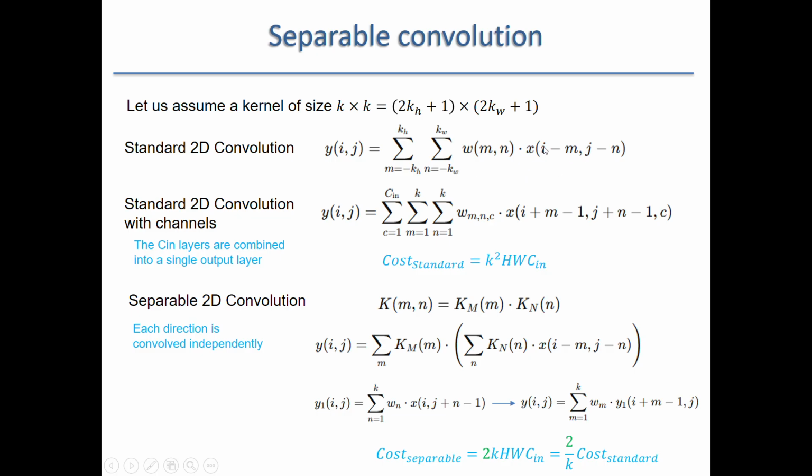So it is a weighted average of the neighborhood of the pixel ij, and this neighborhood is defined between minus kh and plus kh, and minus kv and plus kv, and each one of them has a different weight.